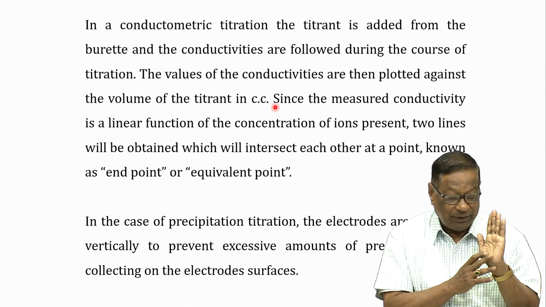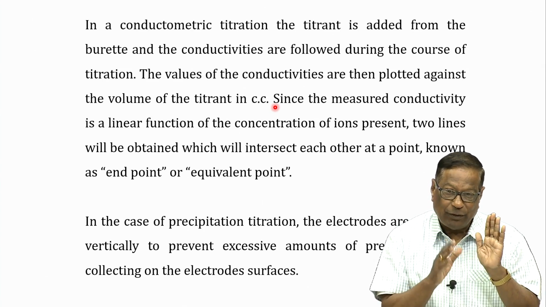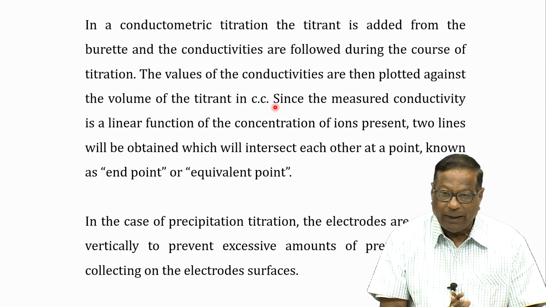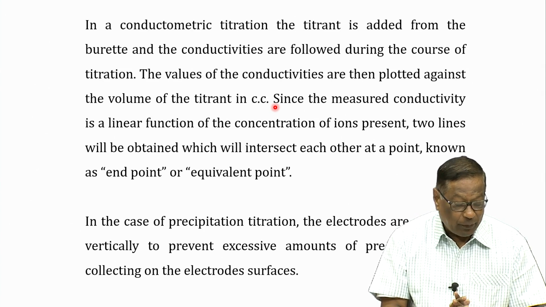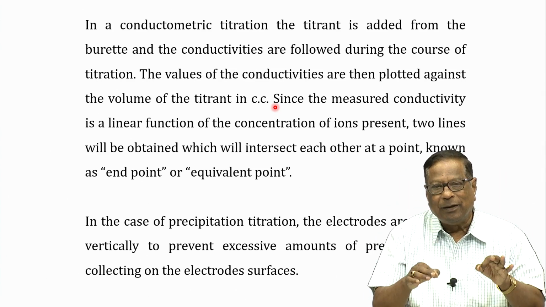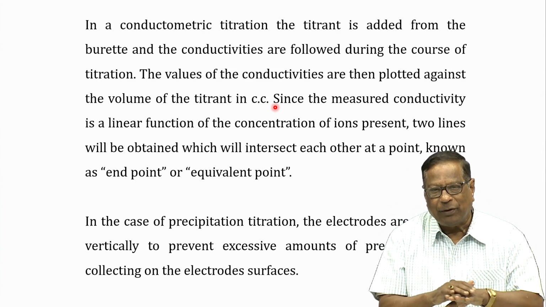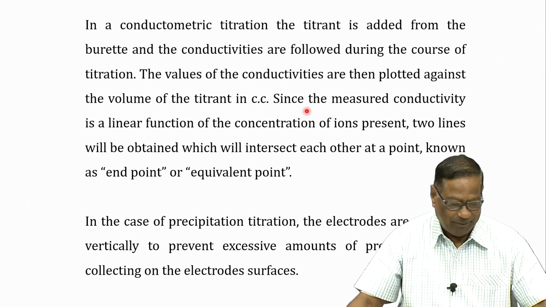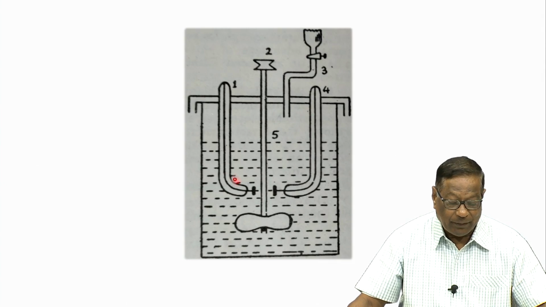So, to prevent excessive precipitate from collecting on the electrode surface, we mount the electrodes vertically, so that the precipitate settles at the bottom on its own on account of gravity, that is all.